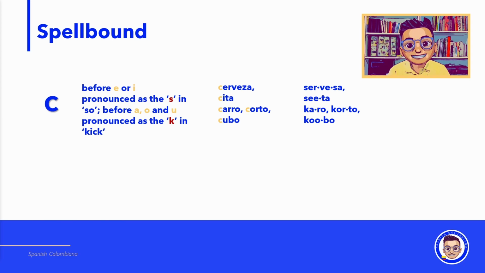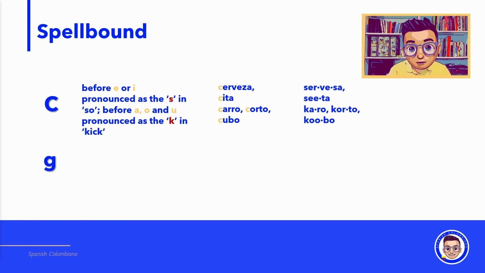With the words carro, corto, and cubo, after C you can see the A, O, and U, so C is pronounced like K in "kick." Carro means car, corto means short, and cubo means cube.